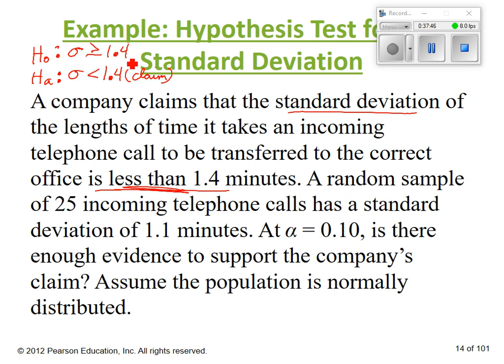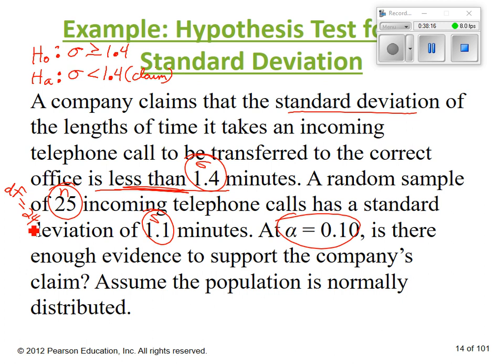This number this time, instead of me writing them all out up here because I don't have enough space, this is our sigma. This is our S. Of course, this is our alpha. 25 is our N. That means our degrees of freedom is 24. And that should be all the numbers that we need.